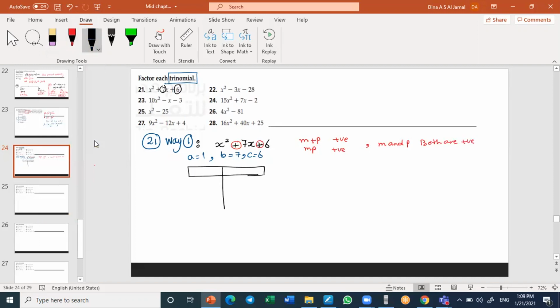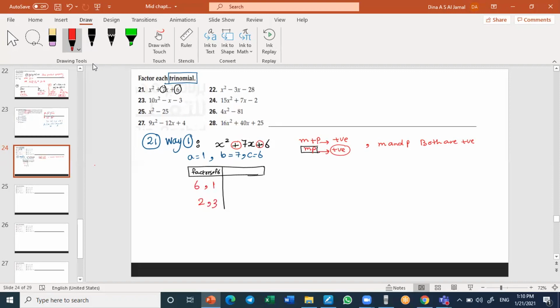Whenever I have multiples of m and p, that means it is factors of 6, which is C. Now think of two numbers. If you multiply them with each other, they will give you 6, and they have to be positive, not negative. That means 6 and 1, 2 and 3. Great.